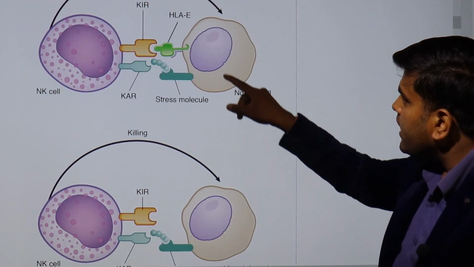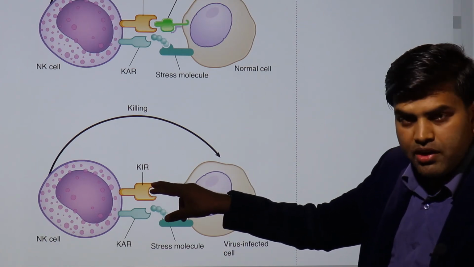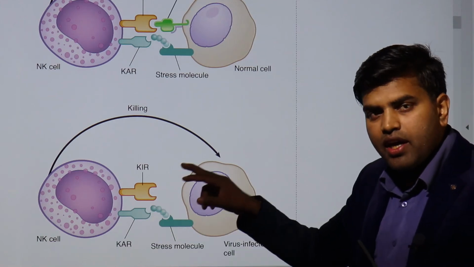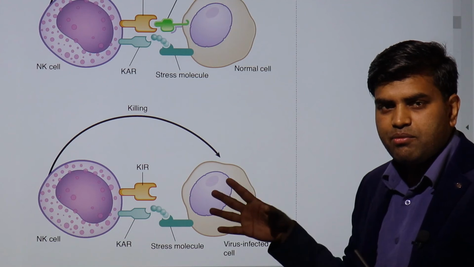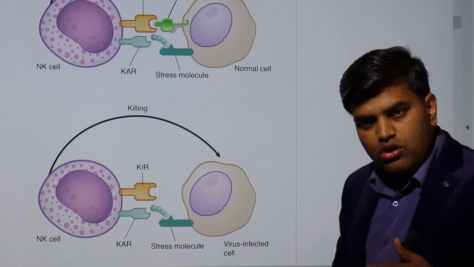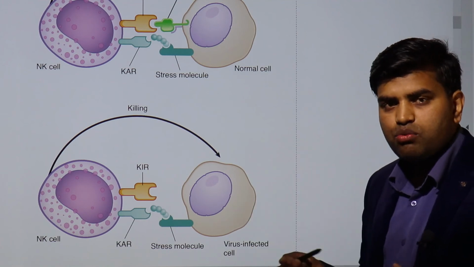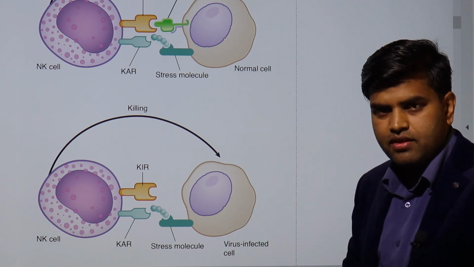HLA-E is not there in the infected cell, it is decreased, so that will not bind to the inhibitory receptor, but the stress molecule will be there, and that will bind with your killer activating receptor, and the cell will be killed with granzyme and perforin. All viral infected cells and tumor cells can be killed this way, by your innate immune response, or say NK cells.